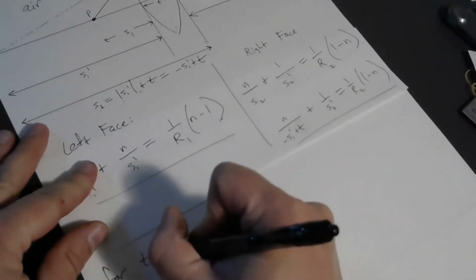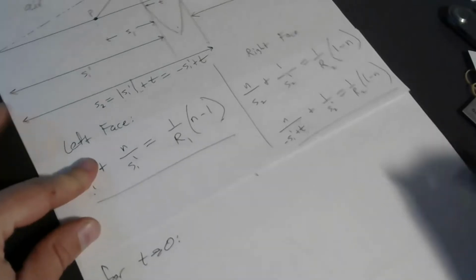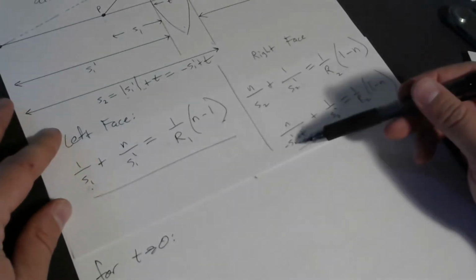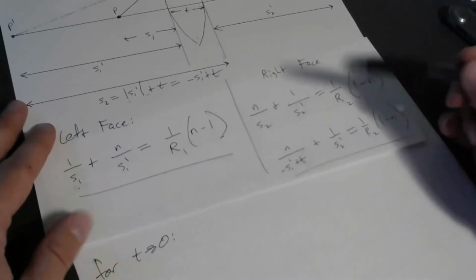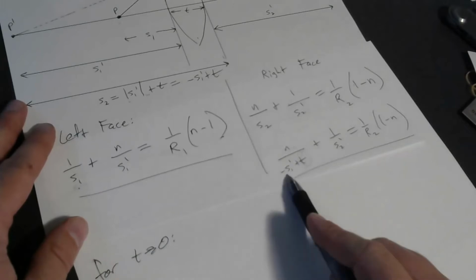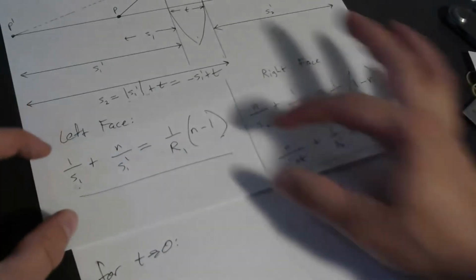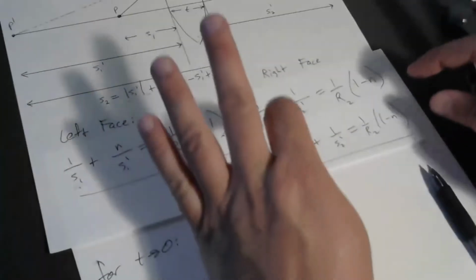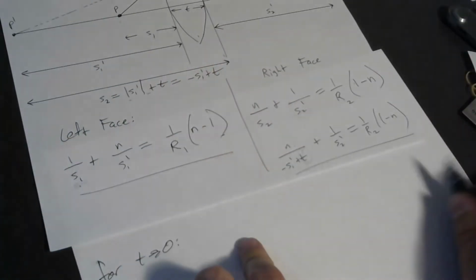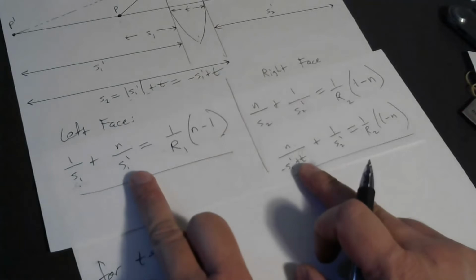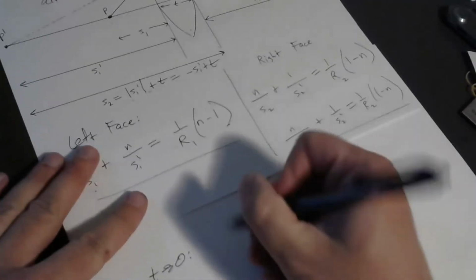So if we let T go to 0, we've got an N over negative S1 prime here. We'll check it out. N over negative S1 prime, N over positive S1 prime. Let's add this equation to this equation. Add the left sides together, add the right sides together. When we do that, these two terms will cancel on the left side.